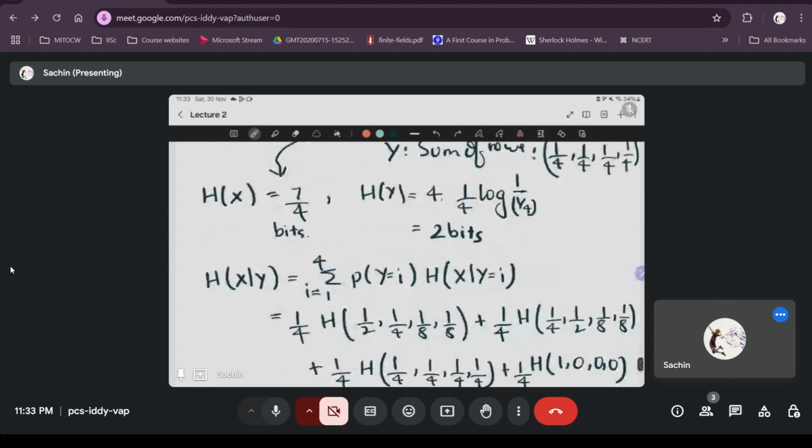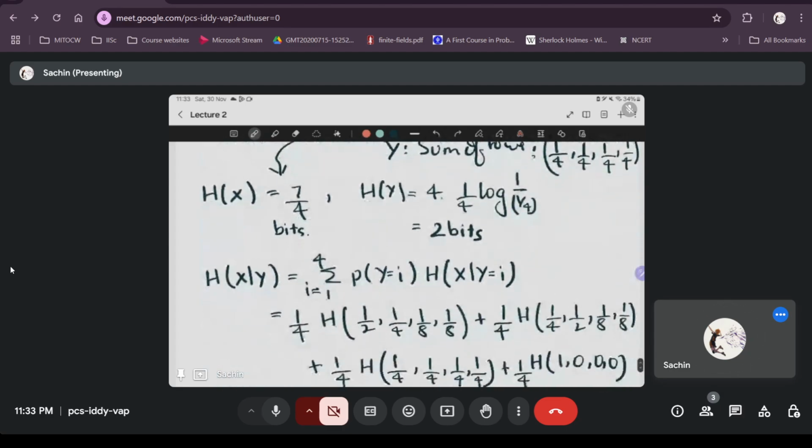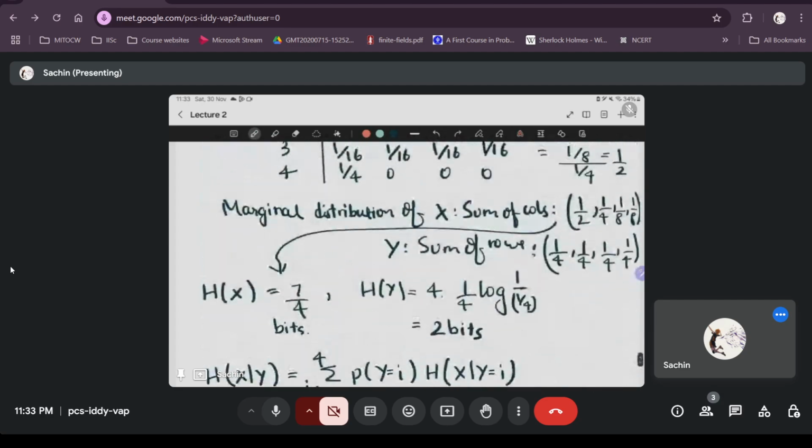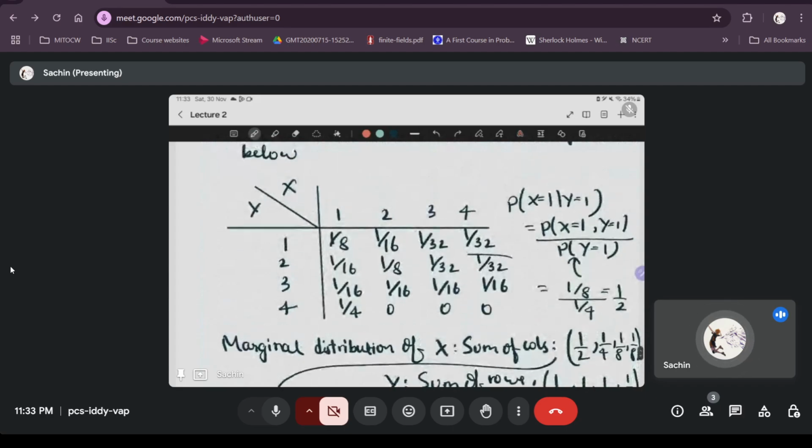If the entropy is, what is it? It's the shortest average description length, right? So if you have very few outcomes of the experiment or very few random variables themselves, you won't need too many bits to represent it.